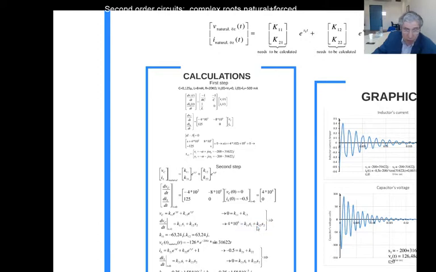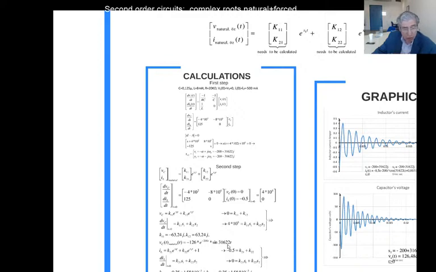So with two equations and two unknowns, we find K11 and K12. They are complex conjugates of each other. If you replace K11 and K12 in here and open e^(S1 t) and e^(S2 t) with the Euler formula, you end up with that result.